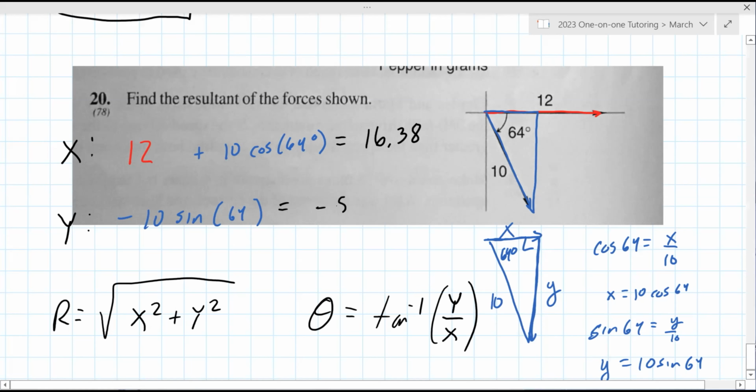-8.99. All right, and then did you get your resultant? Because that's more important than the angle. You have to give the resultant first. Let me just calculate that.